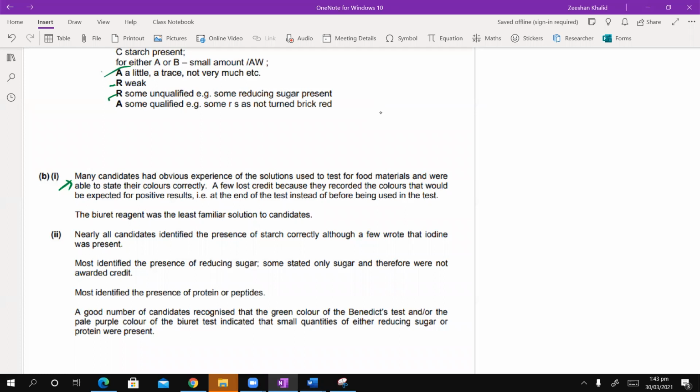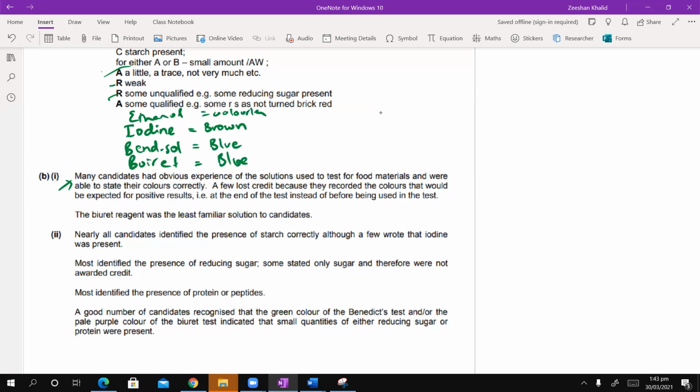Okay, a few lost credit because they recorded colors that would be expected for positive results. देखें, when we're talking about iodine and its color is brown. That's the original color of iodine. If we're talking about Benedict solution, then we know that the original color of the solution is blue. If you're talking about Biuret solution, the original color is blue. If you're talking about ethanol, the original color is colorless.